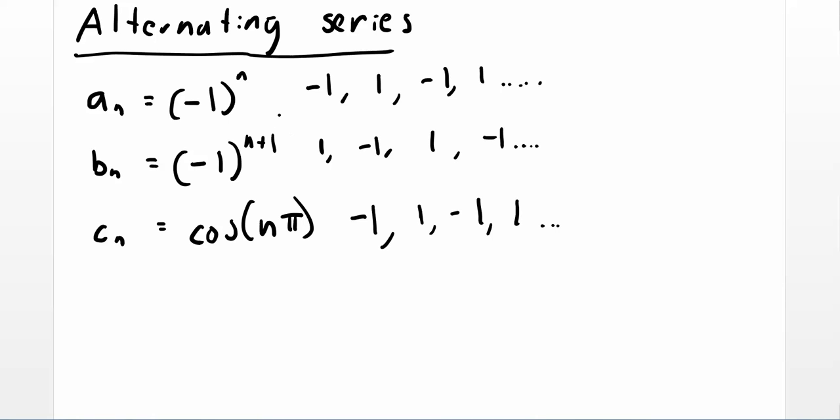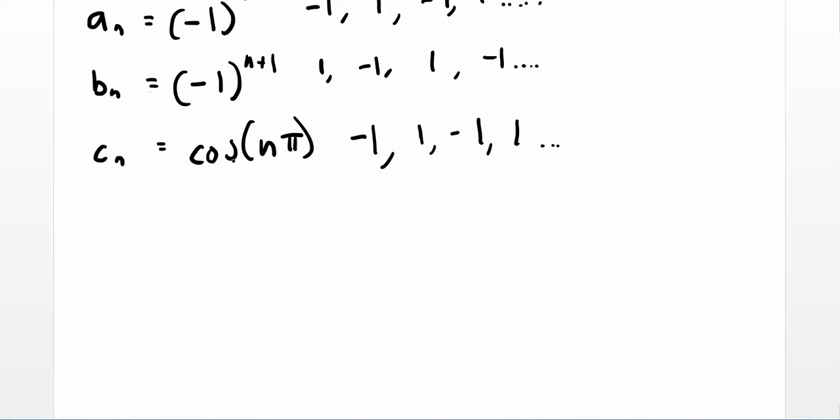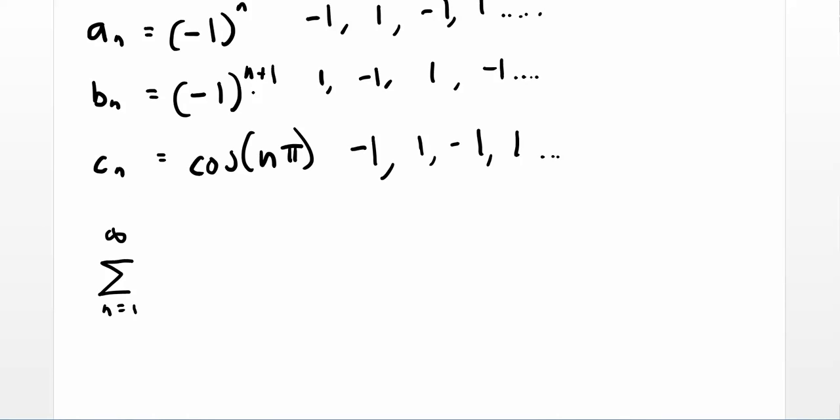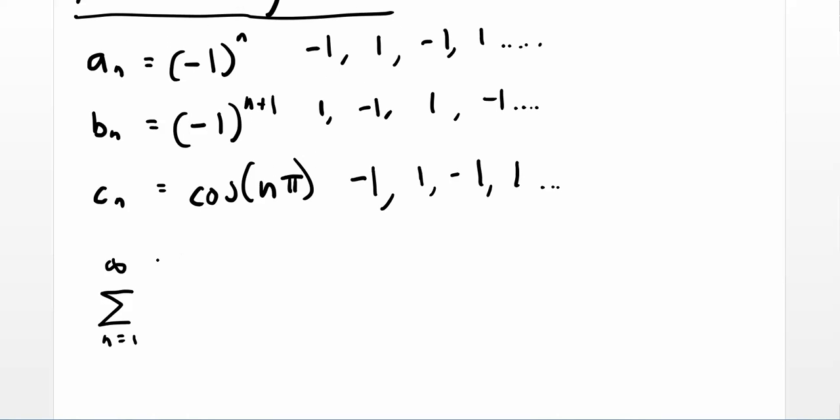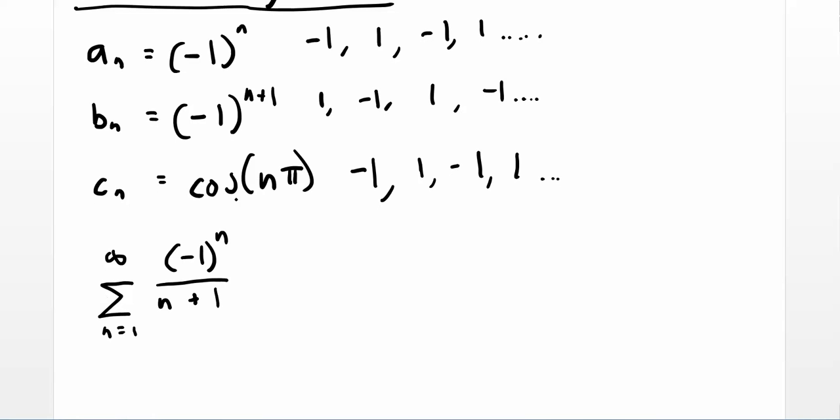So what happens is you're going to start seeing series that contain some kind of alternating part like this. So it might look something like -1 to the n over n plus 1. This would be an alternating series.